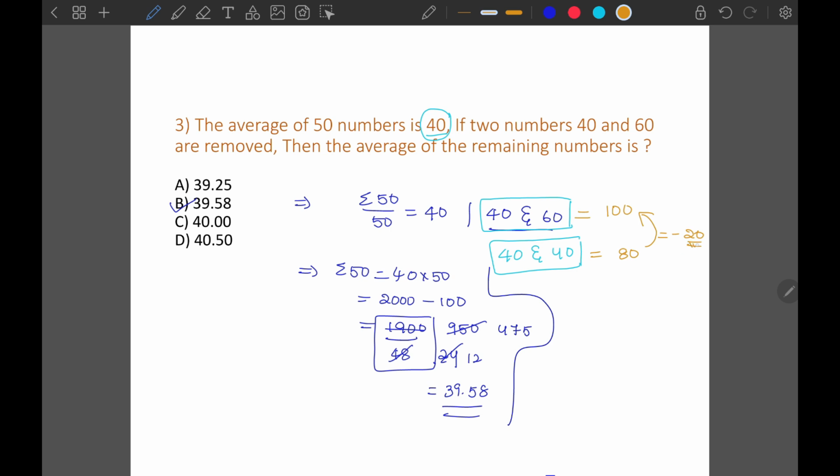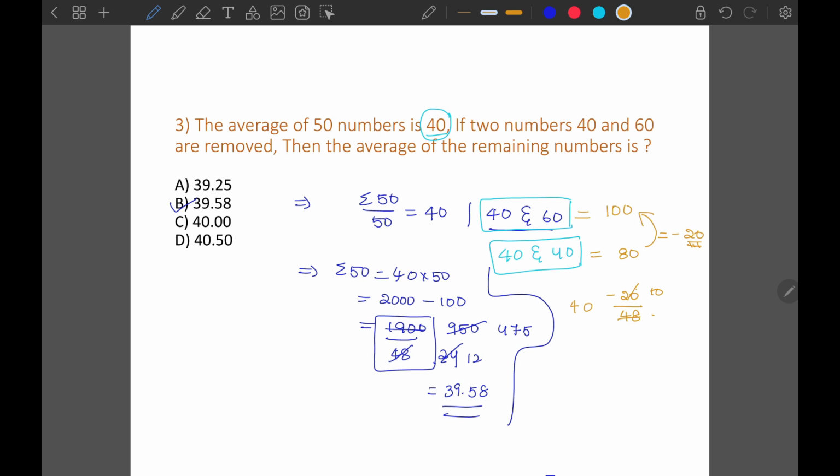We need to distribute this minus 20 among the remaining numbers. So minus 20 by 48, and we need to subtract it from the actual mean, that is 40.